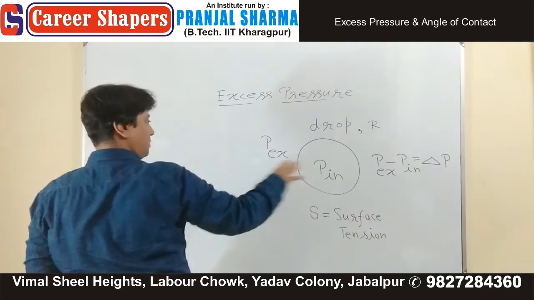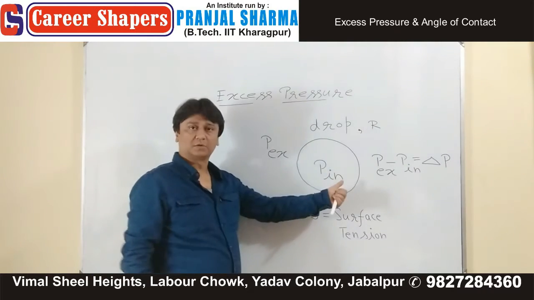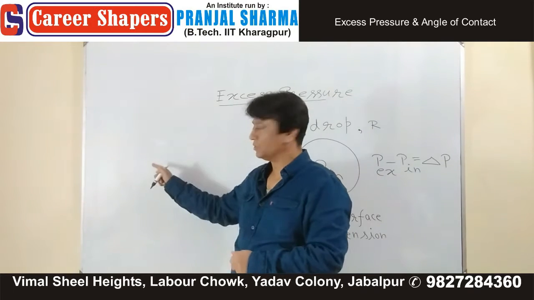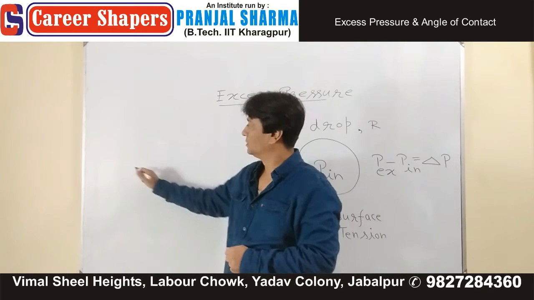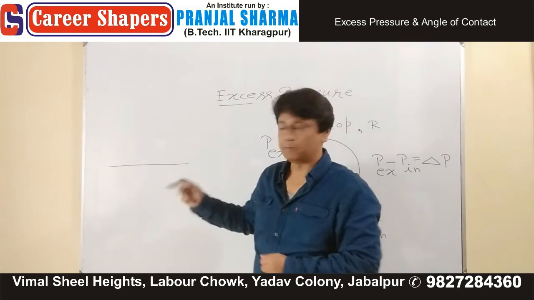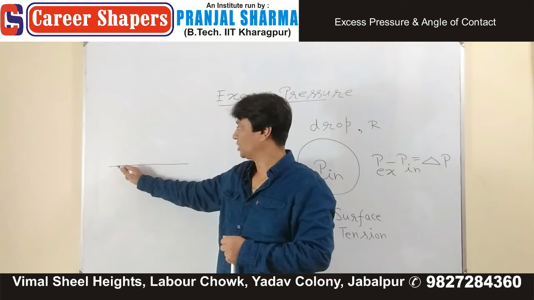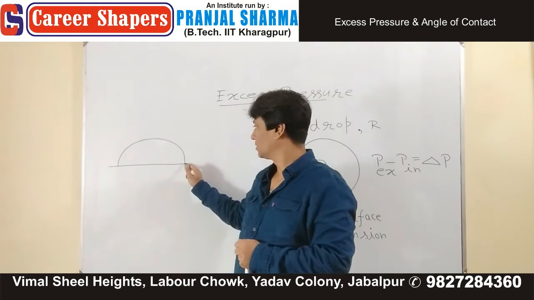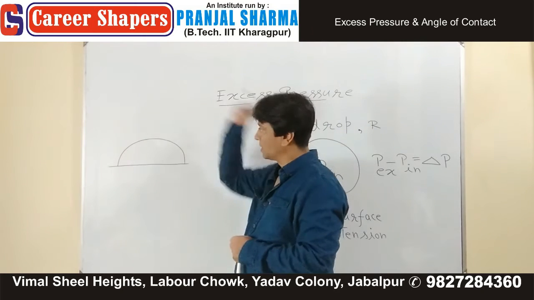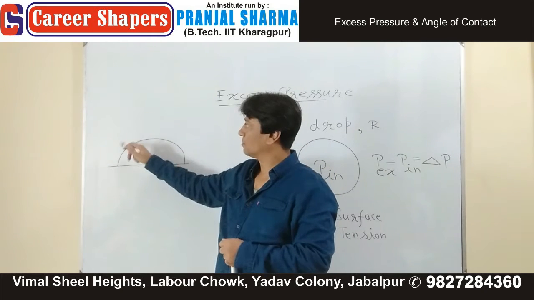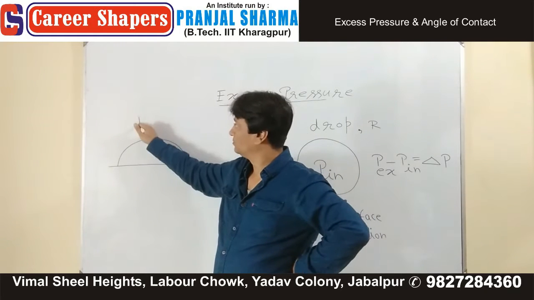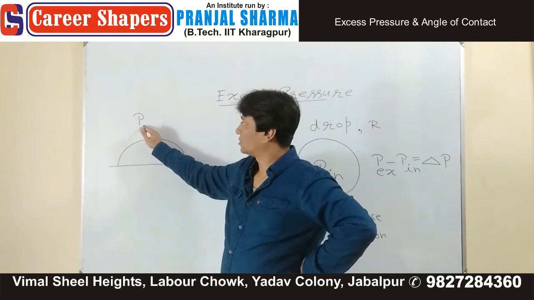Now, before we develop this, remember this result. Suppose we have a hemispherical shell. It's a hemisphere, and everywhere outside pressure is P, let's call it P naught.